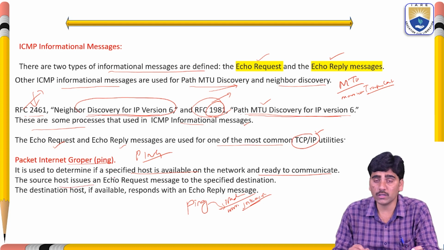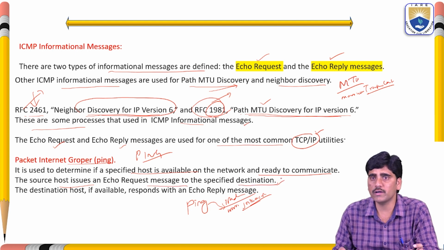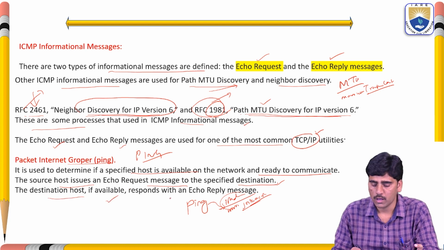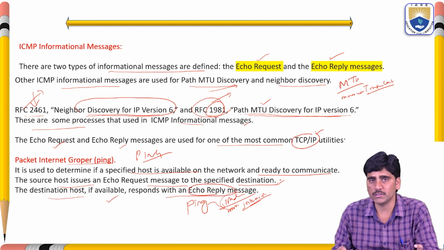The source host issues an echo request message to the specified destination. For the destination you specify, the echo request message has to be sent. The destination host, if available, responds with an echo reply message.